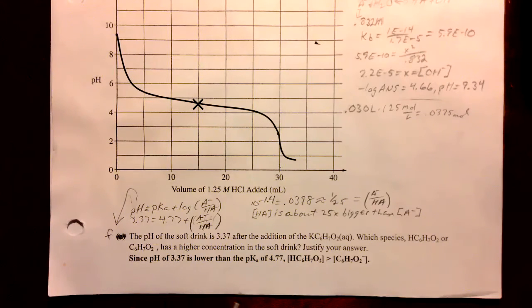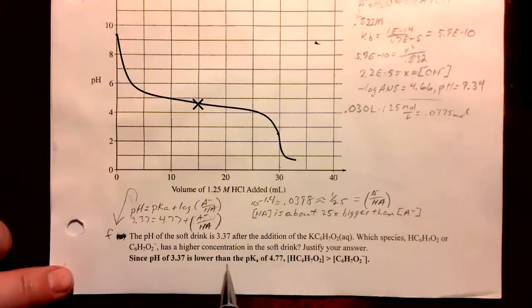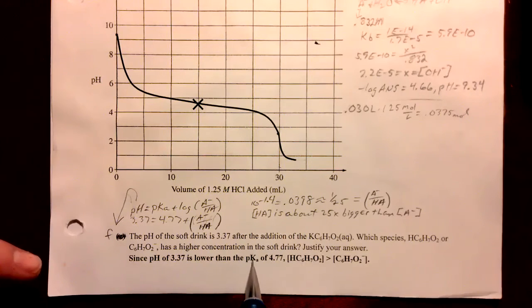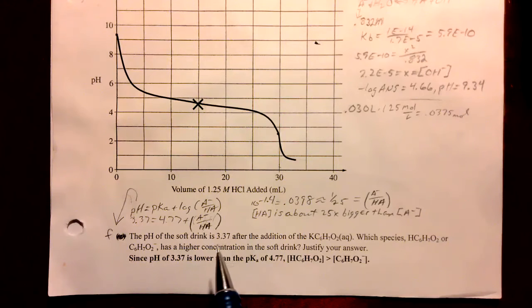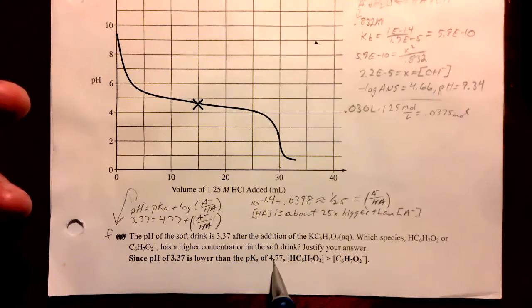So I've got two ways for you. One is that at the half equivalence point, when these are equal, then pKa is the pH. Well, I know the pKa because I did that above. So at the half equivalence point, remember I found the pKa, that would be the pH. But this isn't the current pH.